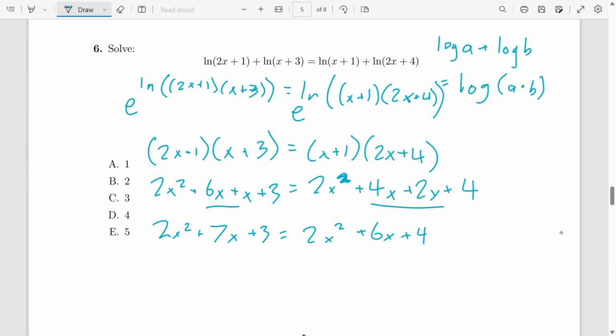There's a 2x squared on both sides, so we can cross both of those out. Then let's subtract 6x from both sides, so we are left with x plus 3 equals 4. Subtract 3 from both sides, and x equals 1.